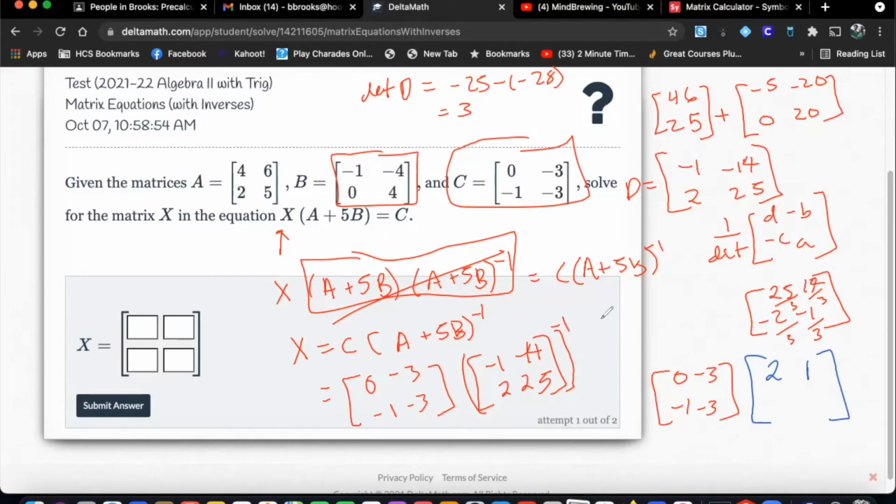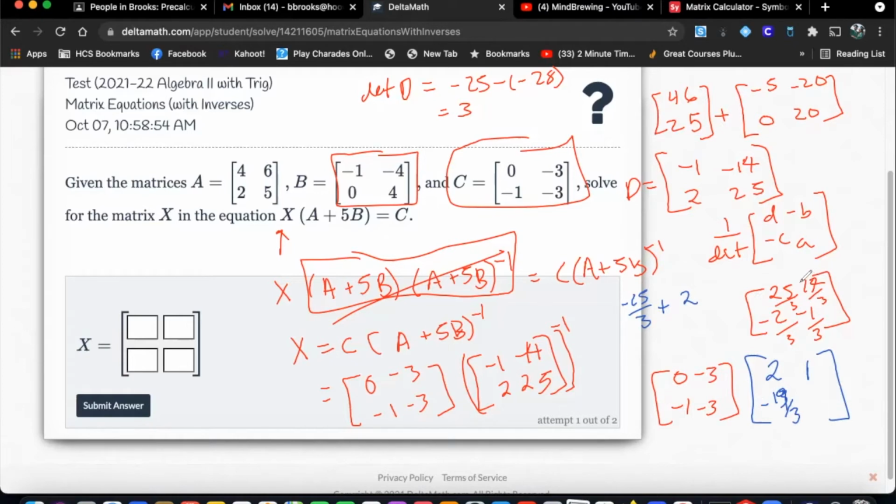Negative 1 times 25 over 3 is negative 25 over 3, plus negative 3 times negative 2 over 3, that's going to be positive 2. 2 is 6/3. So just doing some quick math, you get 19/3, and then negative 1 times 14 is going to be negative 14/3.